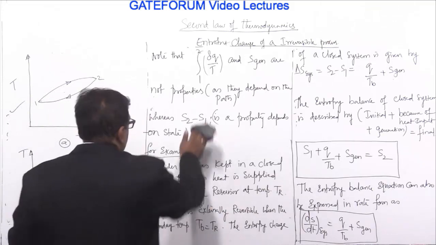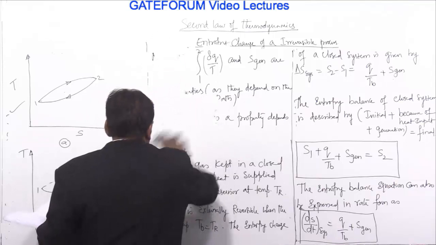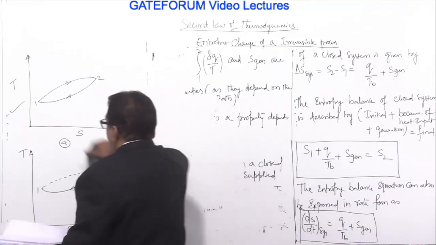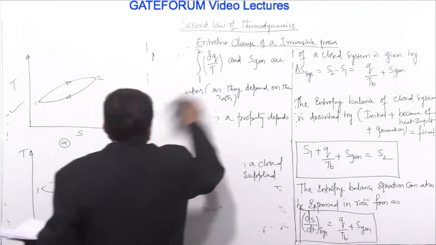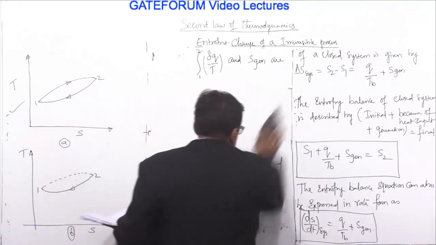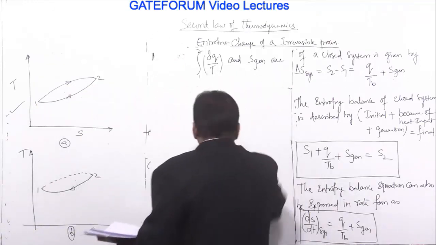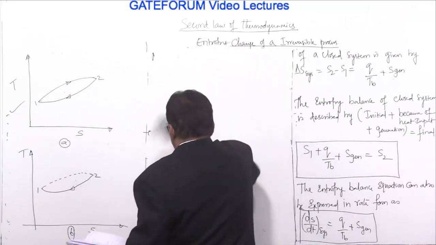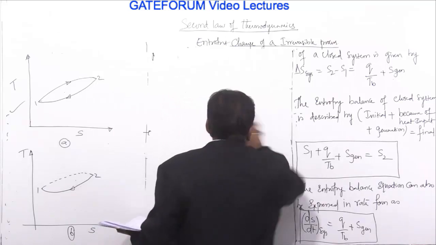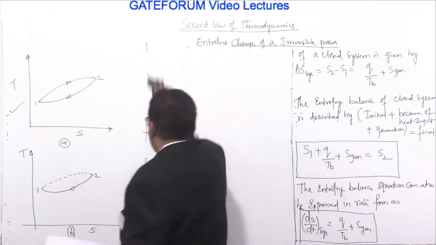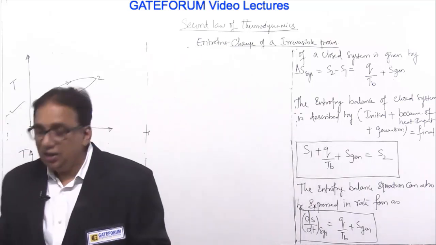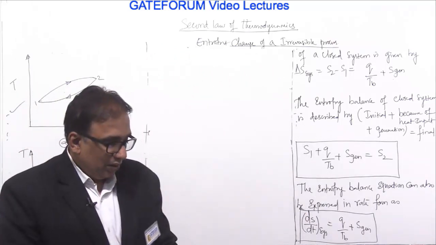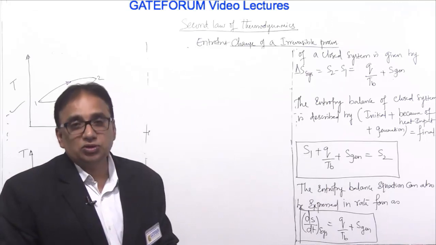This is called dS by dt. So you can say this is Hyderabad to Delhi. Please understand like that, it will be easy for you. So you relate that with the process, because entropy is only an understanding parameter, from process to process.